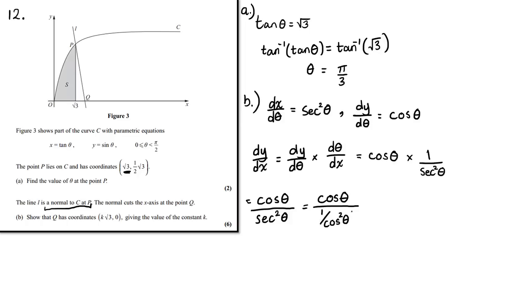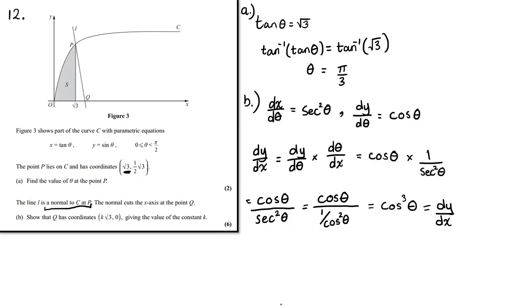And when you've got cos theta divided by this fraction, 1 over cos squared theta, what I'm going to end up with is cos theta times cos squared theta. So cos theta times cos squared theta gives us cos cubed theta. And what that represents here is dy by dx.